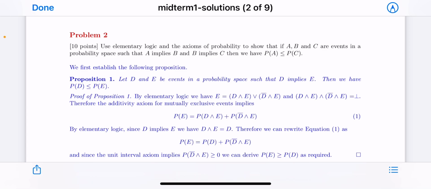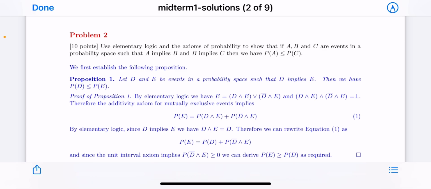Okay, so now we can see another thing of elementary logic. We can say, all right, if D automatically implies E, then saying D happens together with E is exactly the same thing as just saying that D happens. It's like, if I know that when it's raining, the ground will be wet, I can say that if it's raining and the ground is wet, that's equivalent to just saying that it's raining.